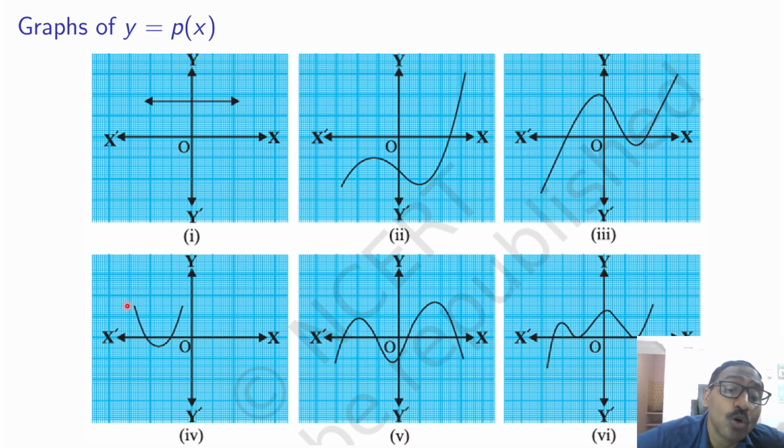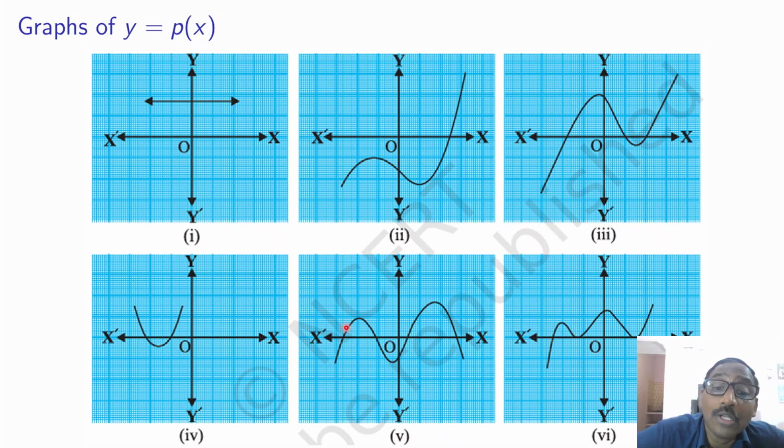Now coming to the fourth graph, this is a parabola, so a quadratic polynomial. How many times is this parabola intersecting the x-axis? At 2 points. So how many zeros is it having? 2 zeros. Now look at graph 5.